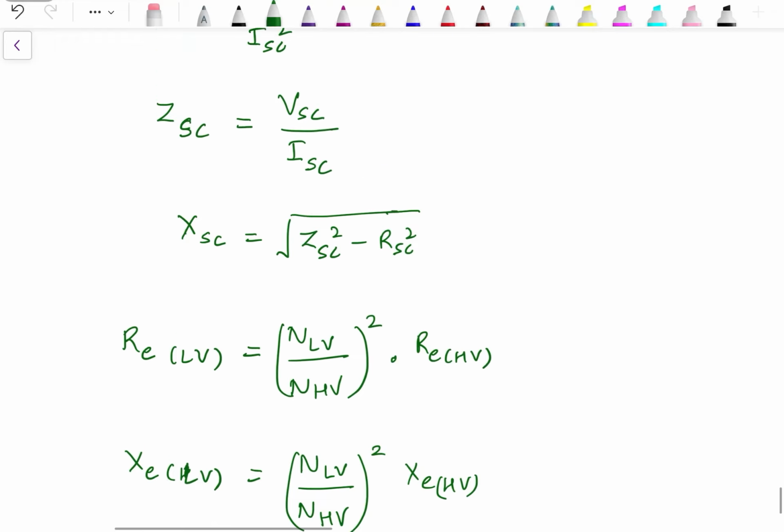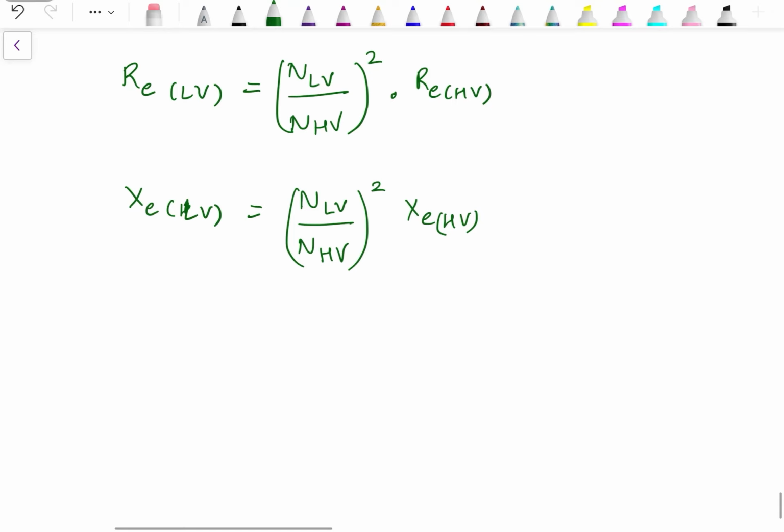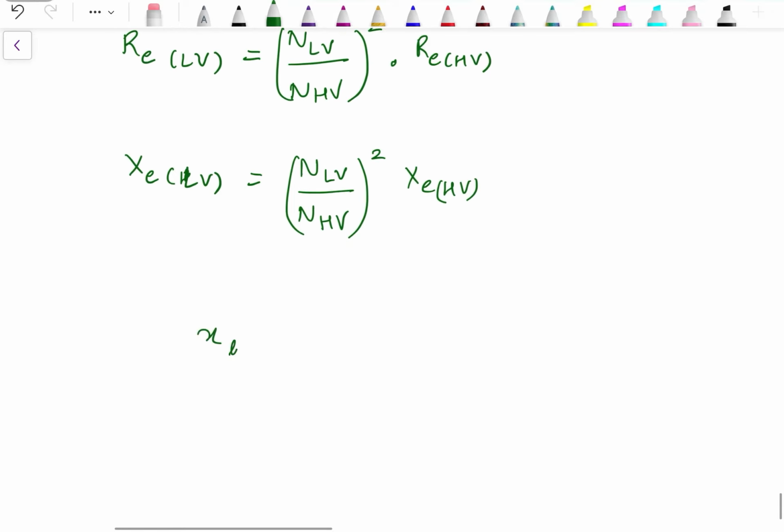And after this, we don't have any formula to separate the low voltage side and high voltage side reactance. So XHV is actually considered as XLV dash, which is equal to XSC upon 2. While the DC resistance can be measured and from there we can calculate the AC resistance.